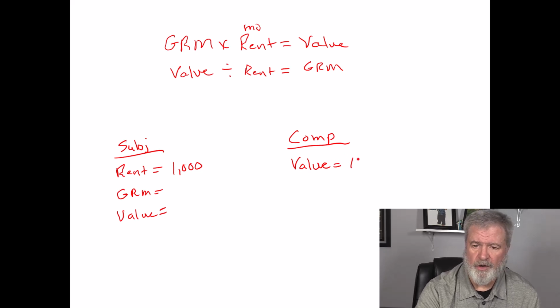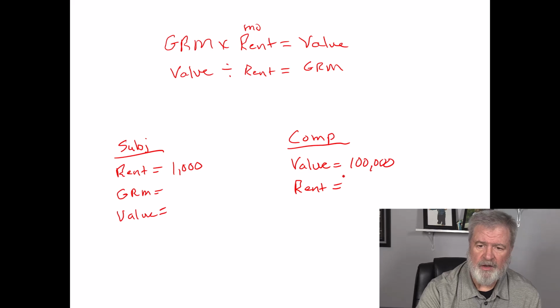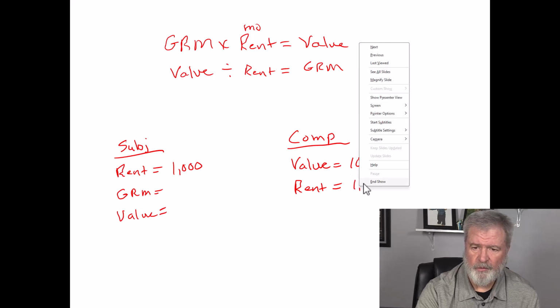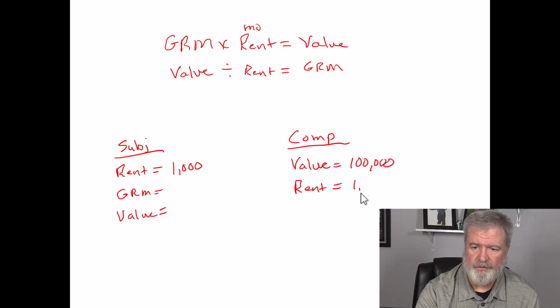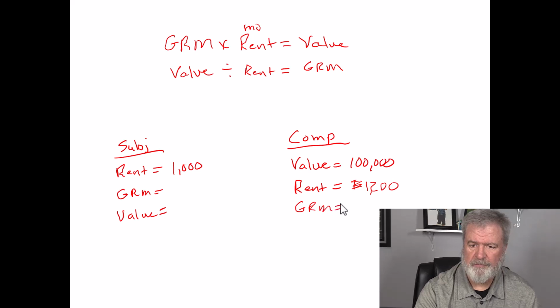We'll just say it was $100,000. And then I got to know what the monthly rent is. Let's say it's $1,200 a month. And then that will give me the gross rent multiplier.